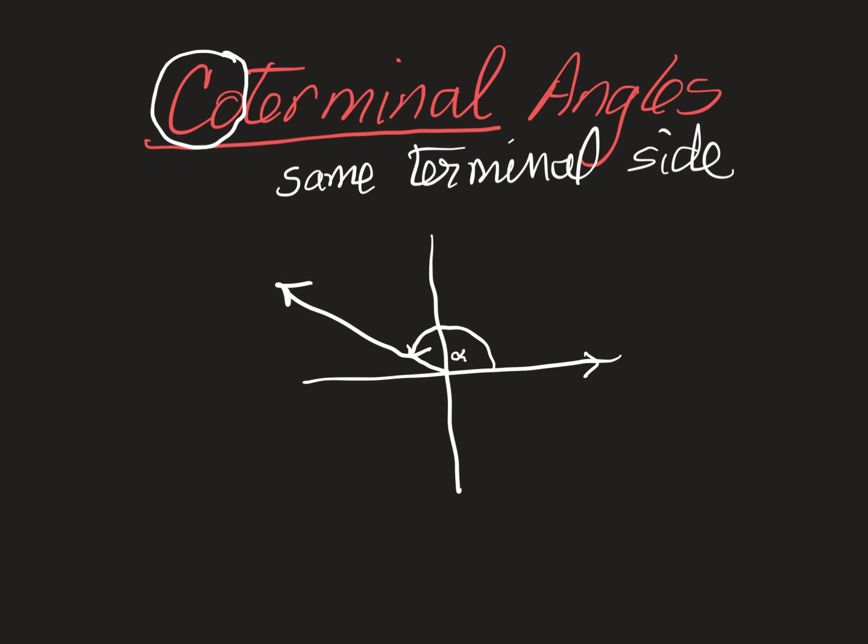Well, the easiest one to draw would be the negative, which would then also have the same terminal side, and that would be angle beta. And so angles alpha and beta are coterminal because they have the same terminal side. All right?